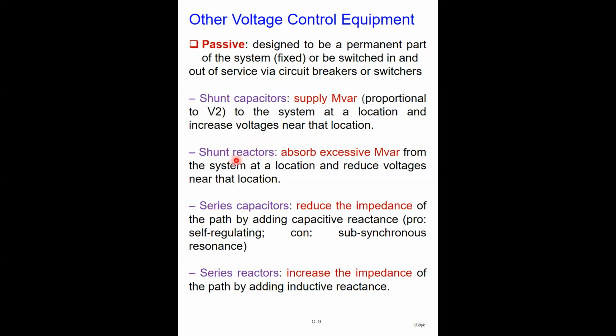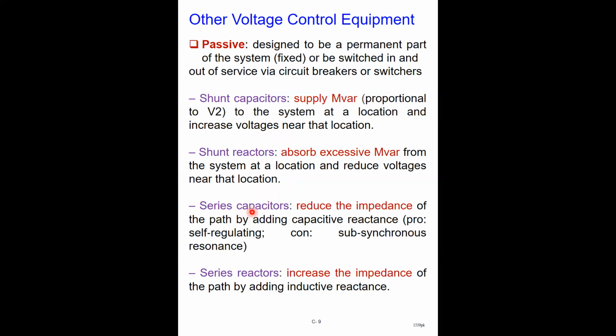Next one is the shunt reactor. They absorb reactive power, but again, locally, right? And then they can reduce the voltage locally. So you can see that these devices are effective in achieving reactive power balance and regulating the voltage locally.